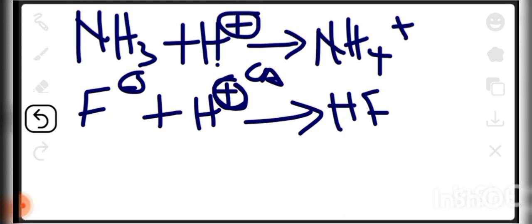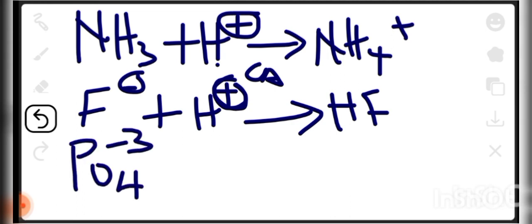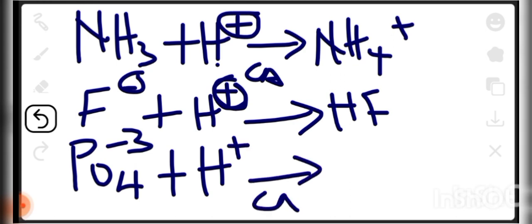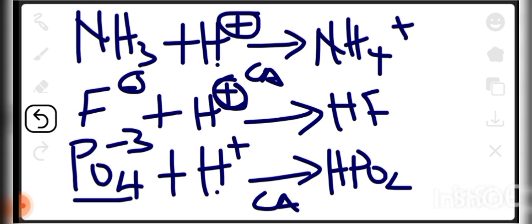Lastly, the last one I'm going to do for today is this one. The conjugate acid of PO4 minus 3. How do you find the conjugate acid of this? You just add H plus. So the conjugate acid becomes H plus PO4, which is HPO4.